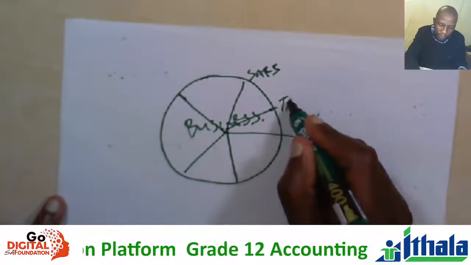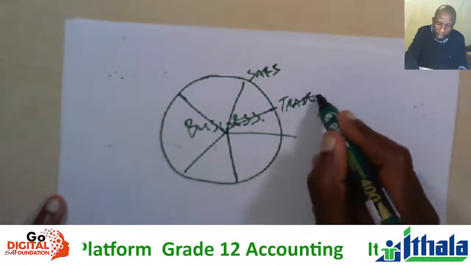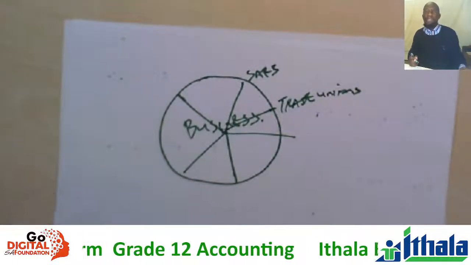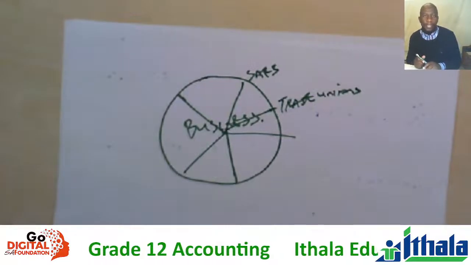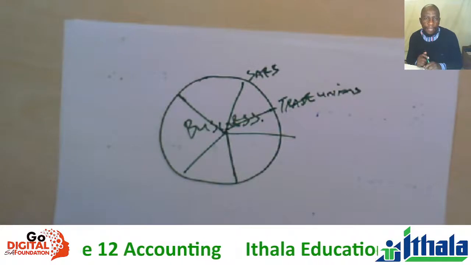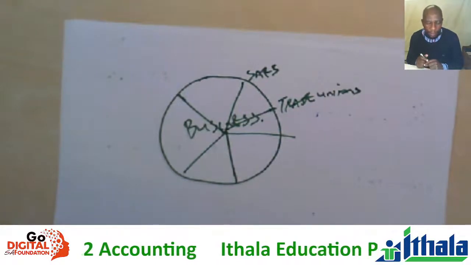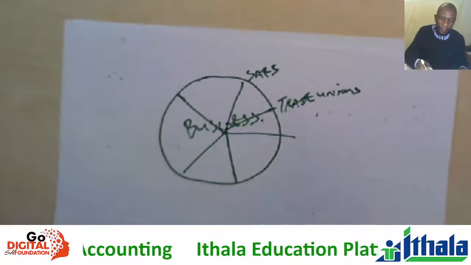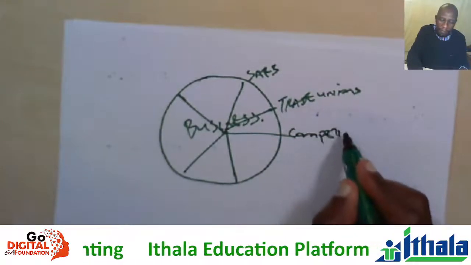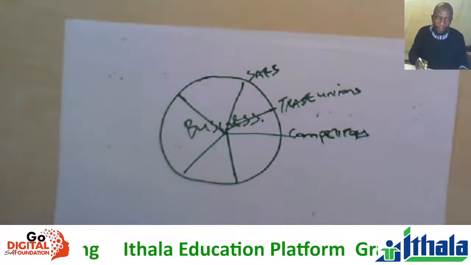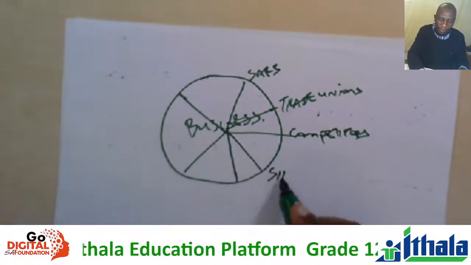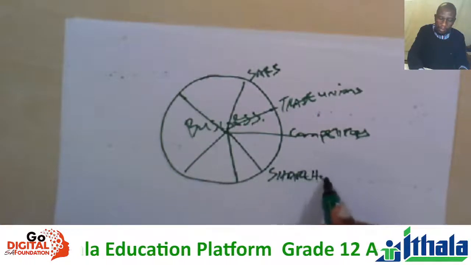Trade unions are only interested in 2 things: whether you are paying the workers, that is remuneration, fairly, as well as safe working conditions at work. It can also be our competitors, people who have an interest in our business. We can also have our shareholders, the owners.